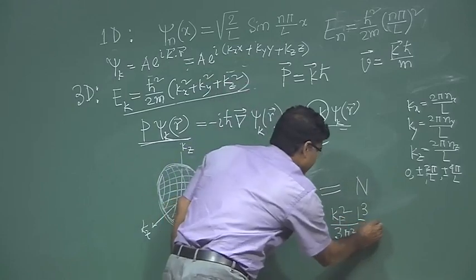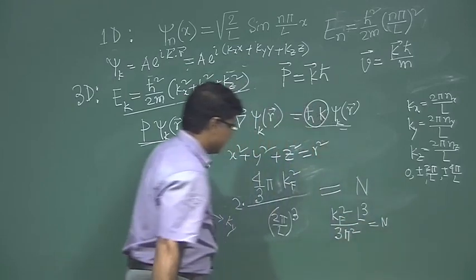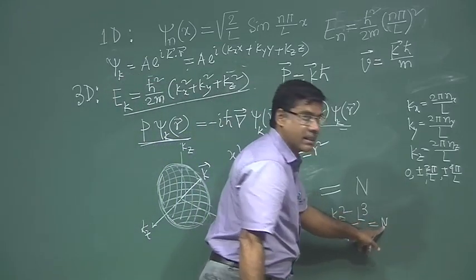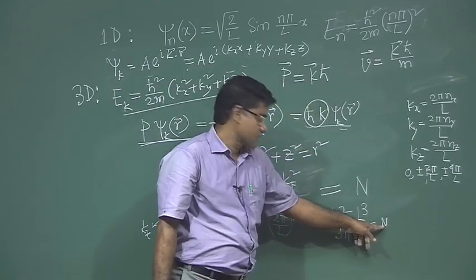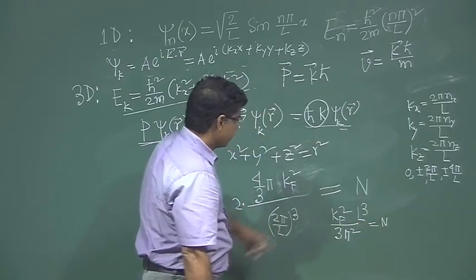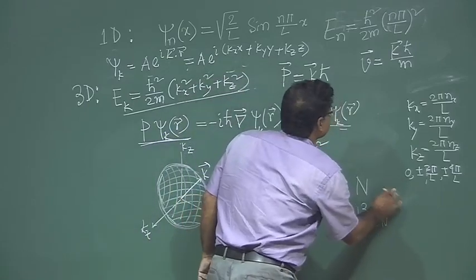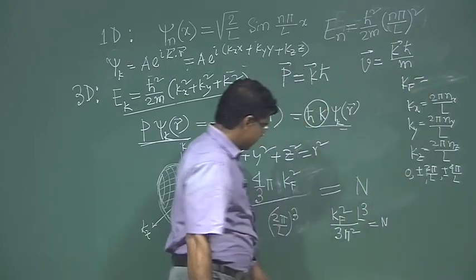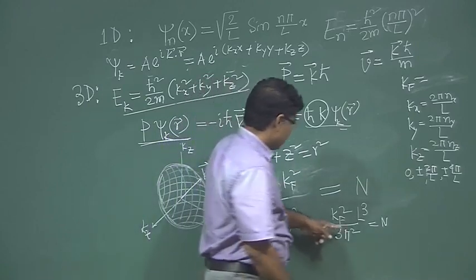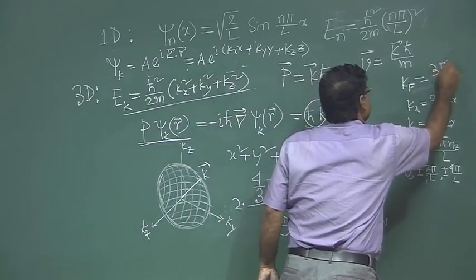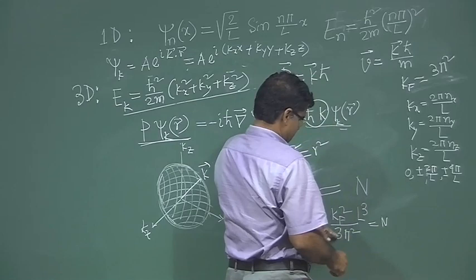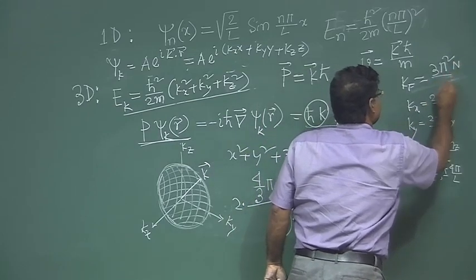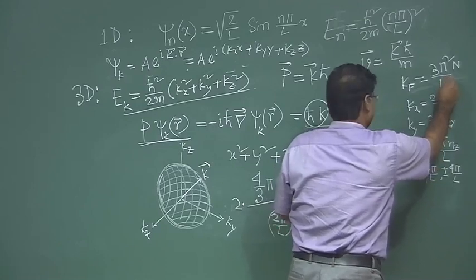This will be equal to n. So, basically from here you will get kf equal to 3 pi square n by L cube.